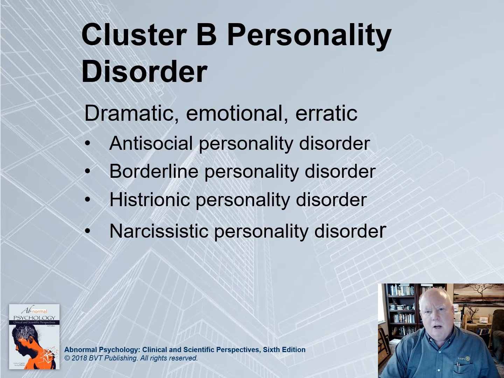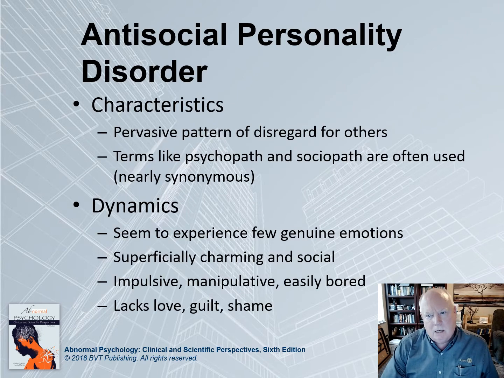We're going to move on to cluster B now. This is the dramatic or erratic cluster. And there are 4 categories of personality disorders, and we'll talk about each of them in turn. Antisocial personality disorder is characterized by a pervasive disregard for others.